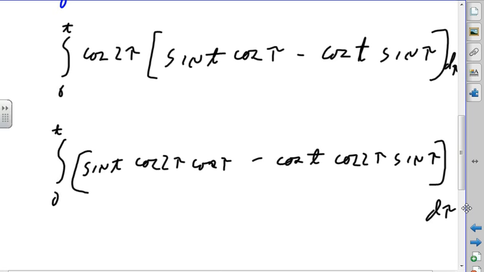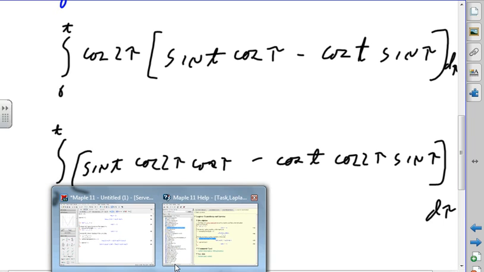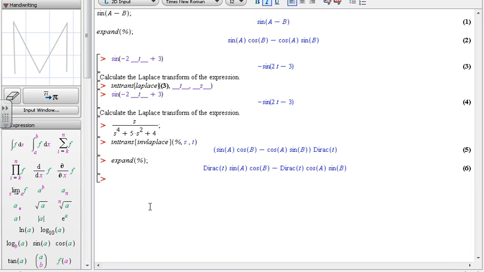Well, I guess that is very interesting. All right, so we'll go to Maple, and we'll ask Maple, what is the cosine of 2t times the cosine of t?